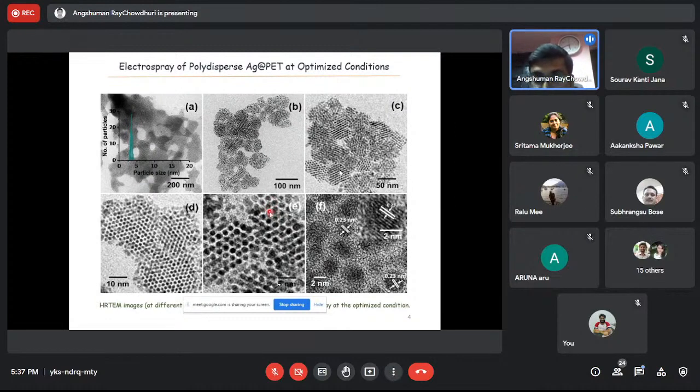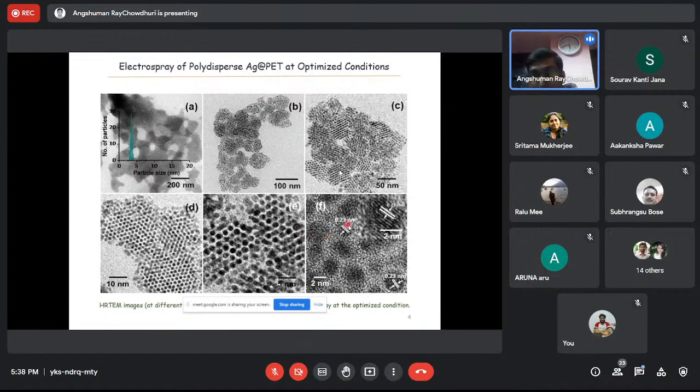When they are interdigitated, it forms a 1.2 nanometer distance. I want to tell you that when the ligand is different, if the ligand is larger, like polymer kind of materials, then the particle distance will also increase. If we use some other ligand, then the particle distance will be less, and the film will be more compact.